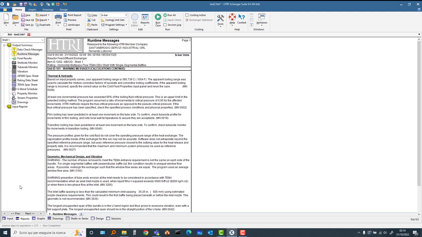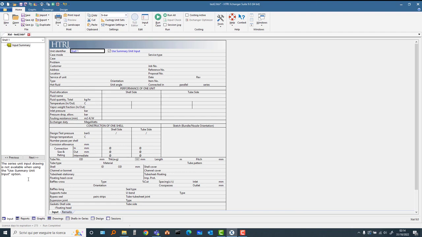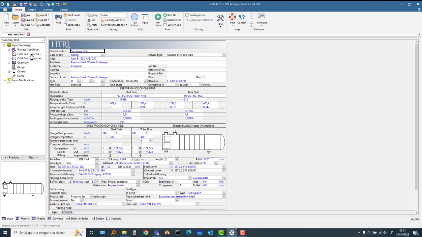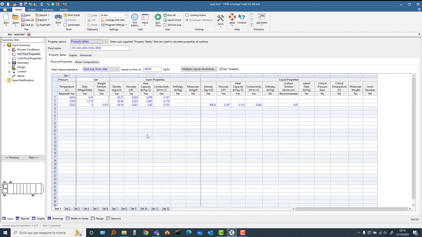So let's come back to the properties. Input, the summary unit, hot fluid properties. You see that here there is the duty, which is the input, the amount of heat that has been exchanged, so the enthalpy of the fluid.